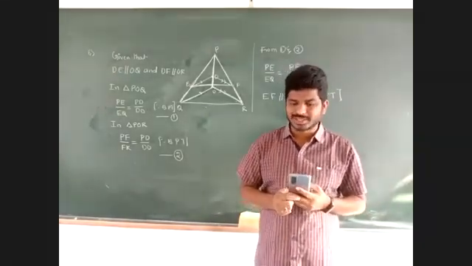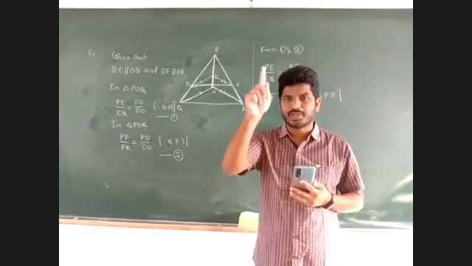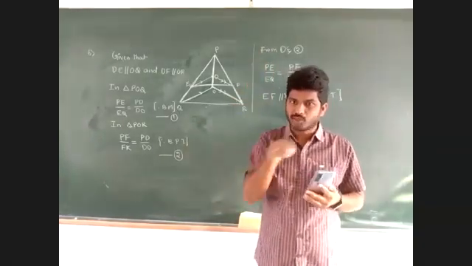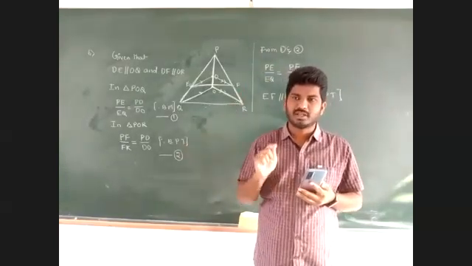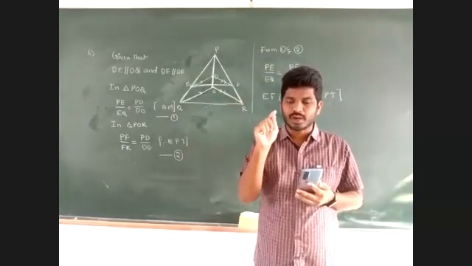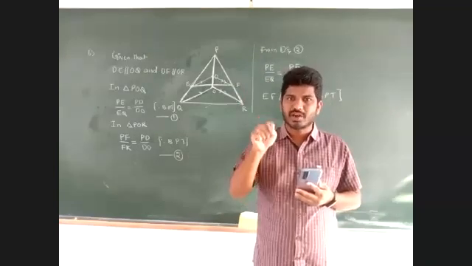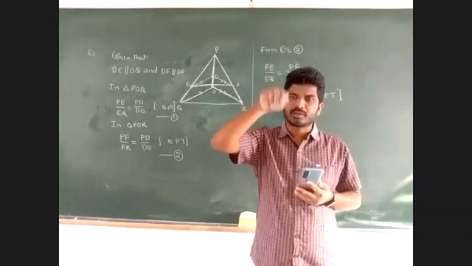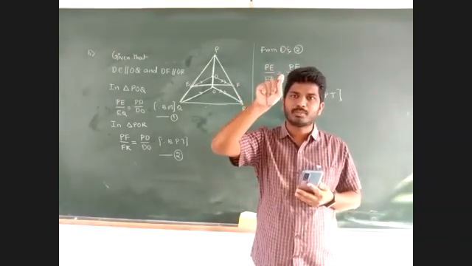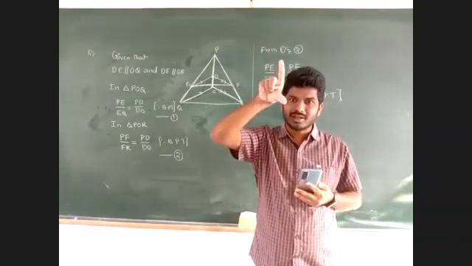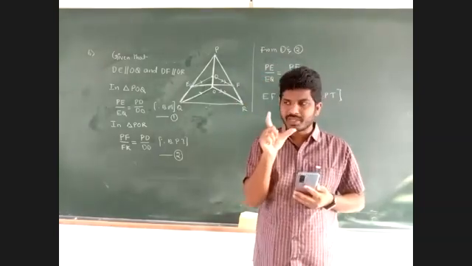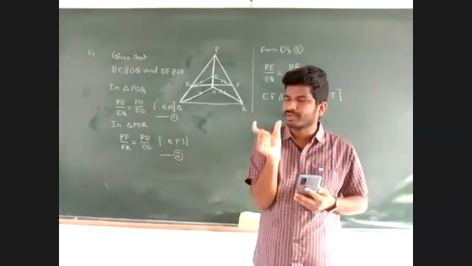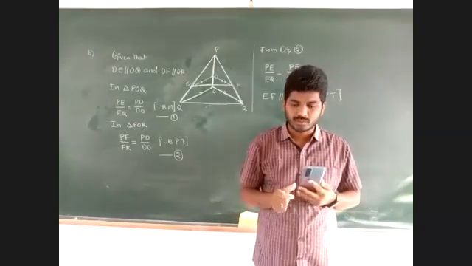Now, in the given figure, PQR is a triangle. O is an inside point. From that inside point, join OP, OQ, OR. A is a point on the line OP, B is the point on OQ, and C is the point on OR.